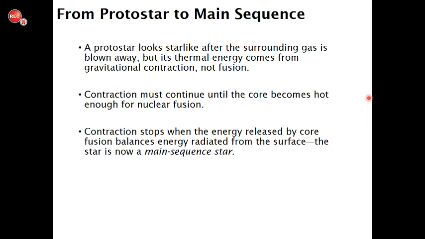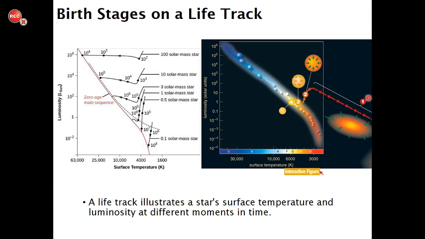So the star is going to continue contracting until somewhere deep in the core, that temperature and pressure is high enough for fusion to start. So we showed these HR diagrams in the past.